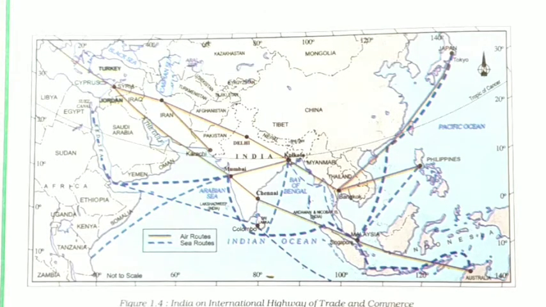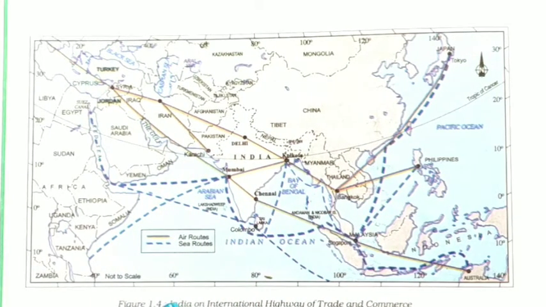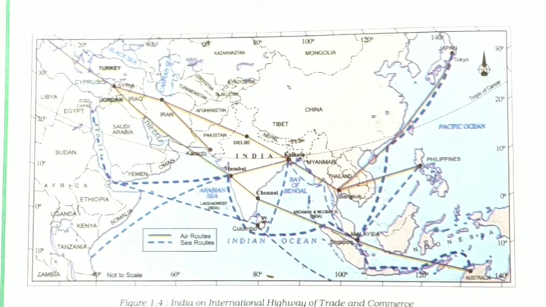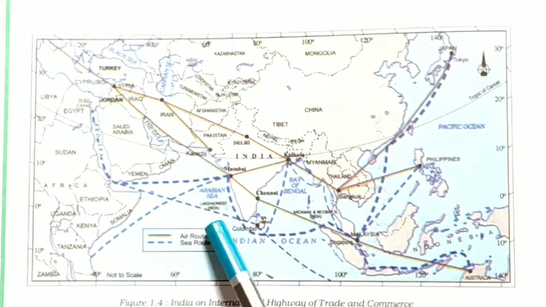These routes have contributed to the exchange of ideas and commodities since ancient times. The ideas of the Upanishads and the Ramayana, the stories of Panchatantra, the Indian numerals and the decimal system thus could reach many parts of the world. The spices, muslin and other merchandise were taken from India to different countries.